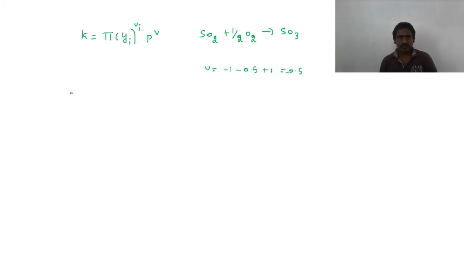This equation can be written as K equal to y of SO3 divided by y of SO2 multiplied by y of O2 power 0.5, multiplied by P power minus 0.5.